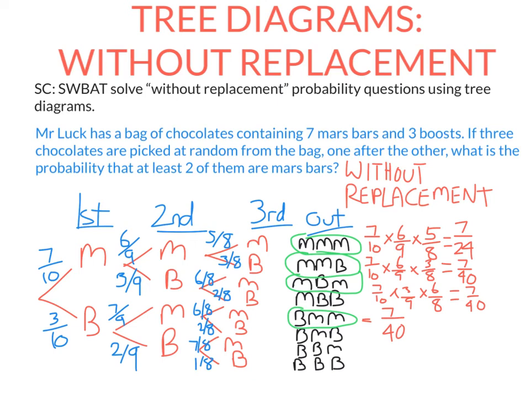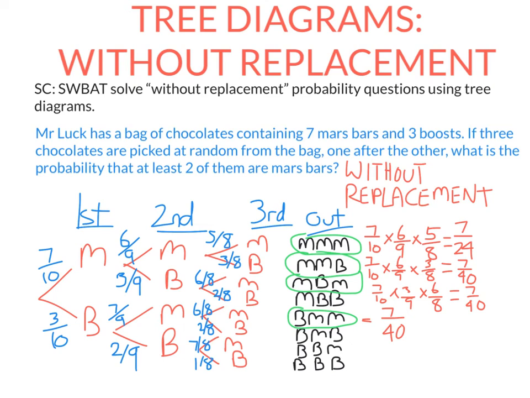So the probability I get at least two Mars bars: all I need to do is add up all of these probabilities, because I'm really saying what's the probability this or this or this or this happens. And of course, all 4 of those are mutually exclusive, so I just add up their probabilities.